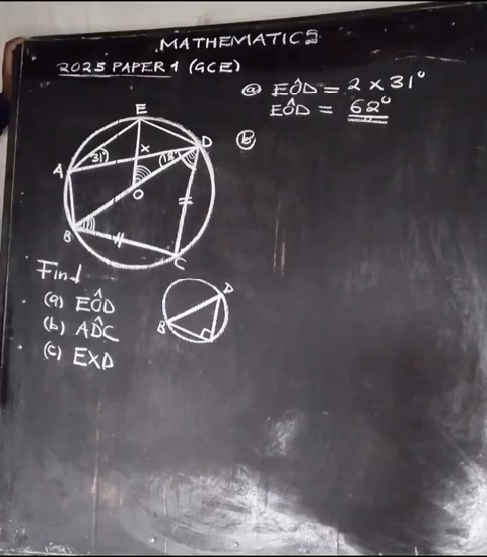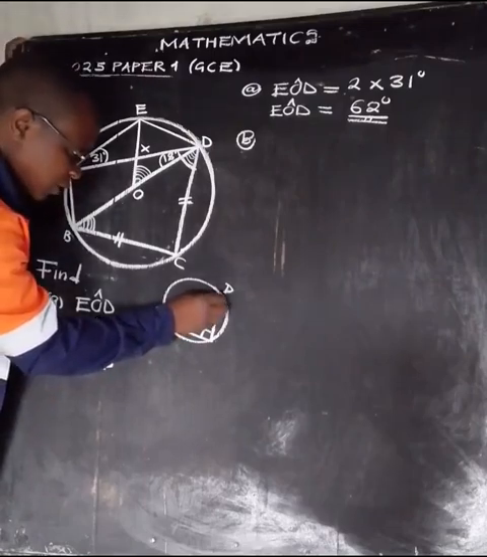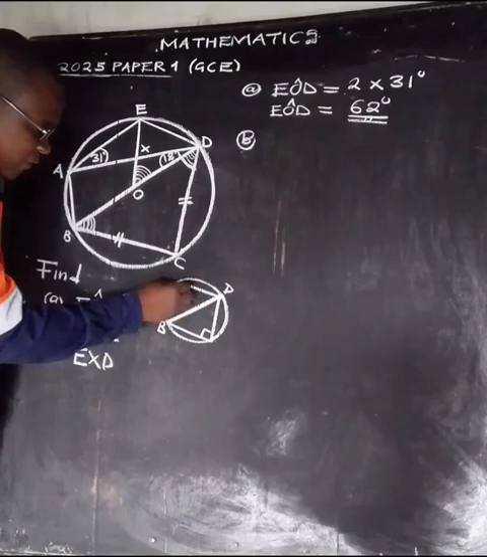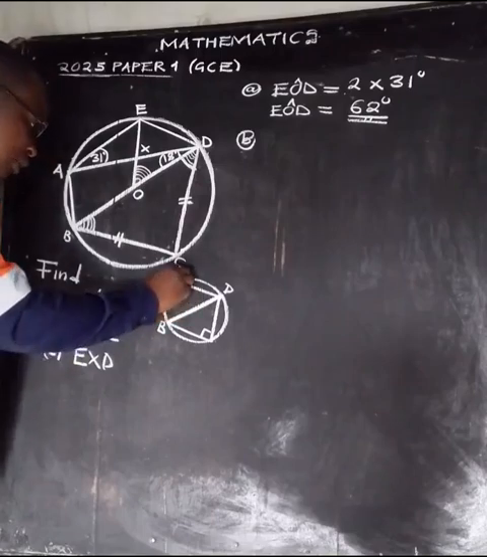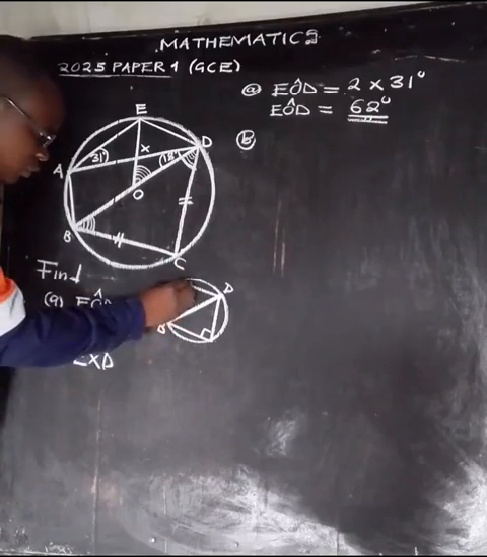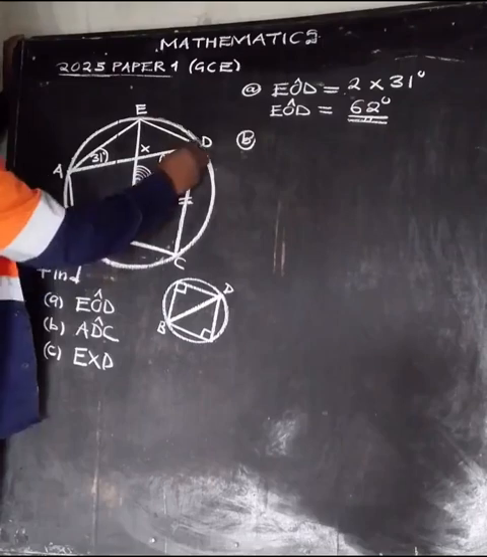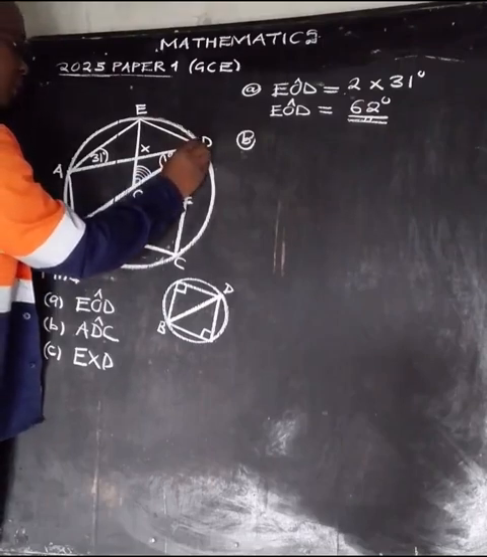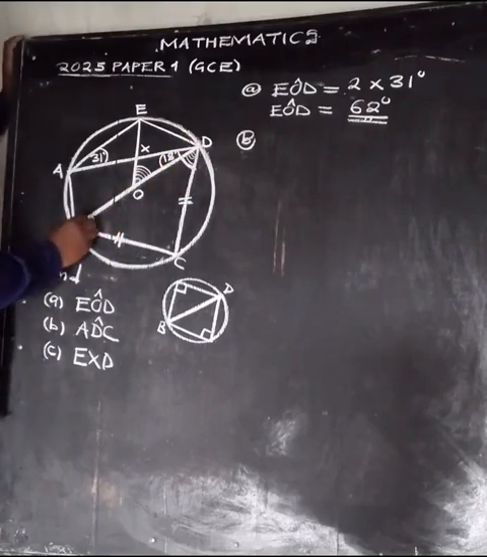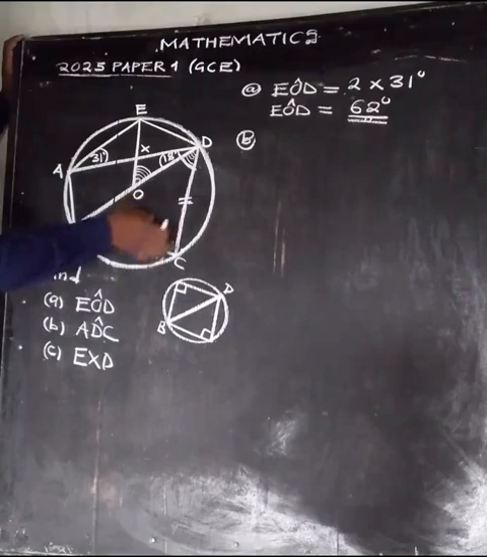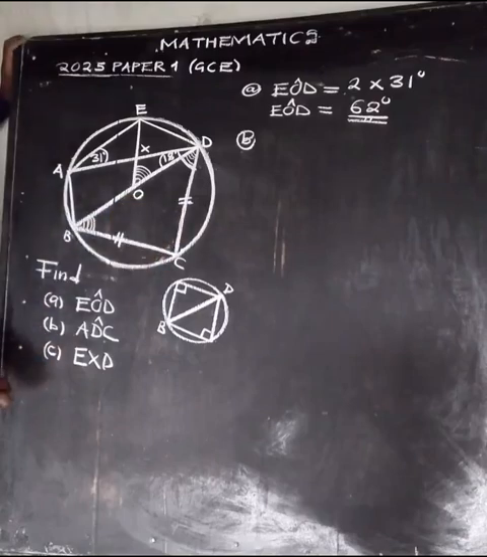Again, if I move from point D going this side and form an angle as I tend to point B, this angle is also 90 degrees. So in our case, as we move from point D going to point B using this semicircle, the angle formed is 90 degrees.